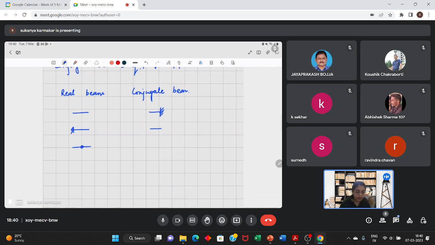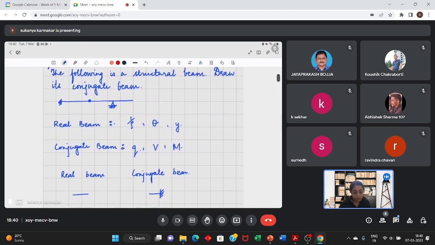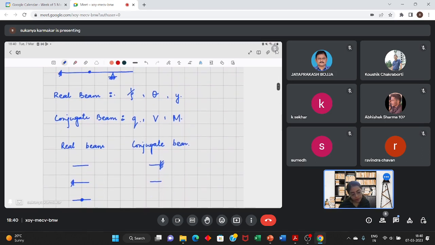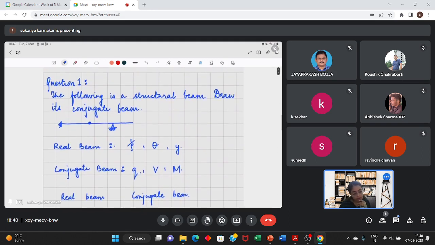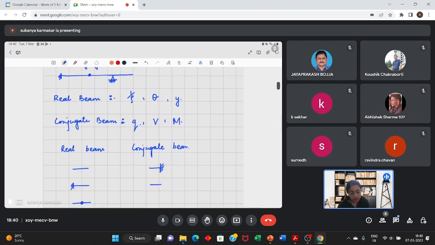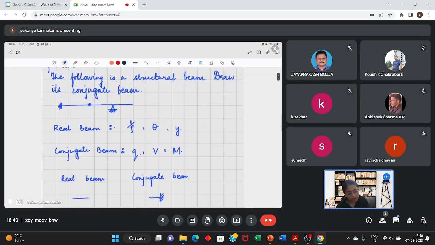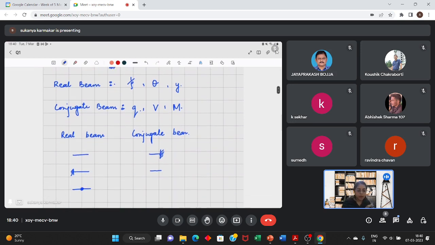At the internal hinge, slope exists, deflection exists, but it can't be an internal hinge in the conjugate beam, because at an internal hinge the bending moment is zero.